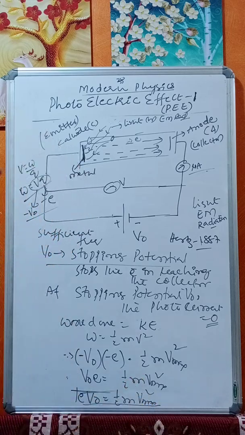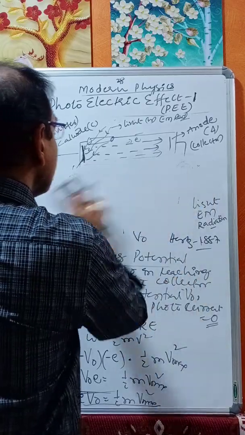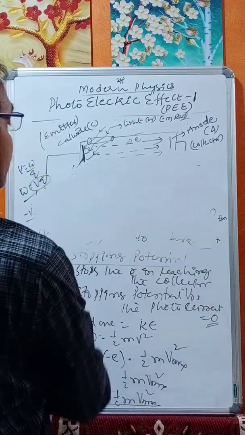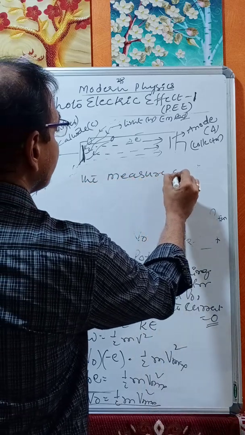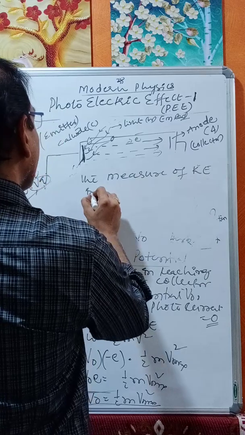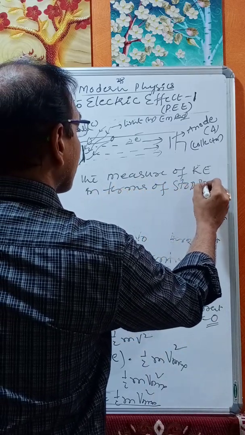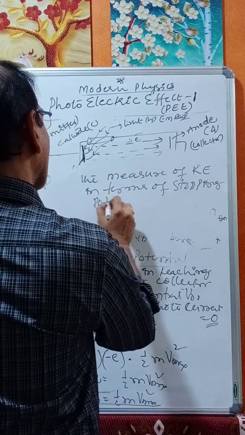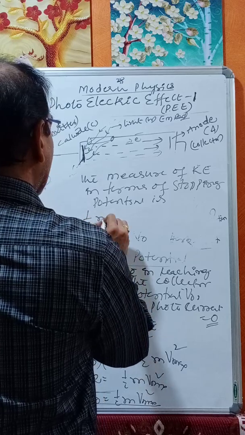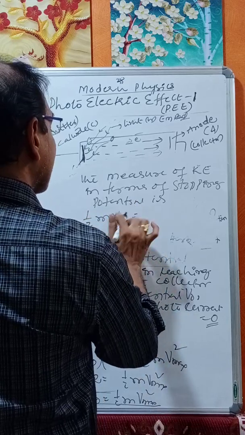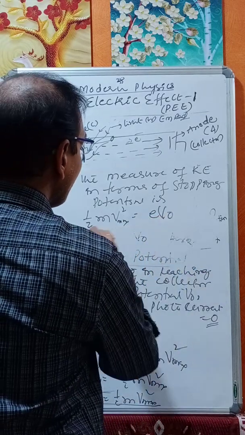This is very important. Therefore, the measure of kinetic energy in terms of stopping potential is half mv square, or half m Vmax square, which is equal to EV0.